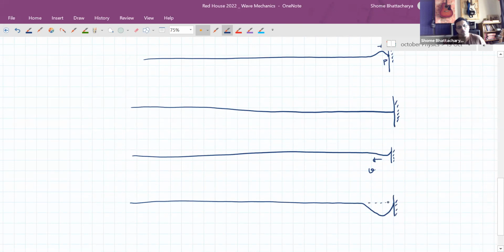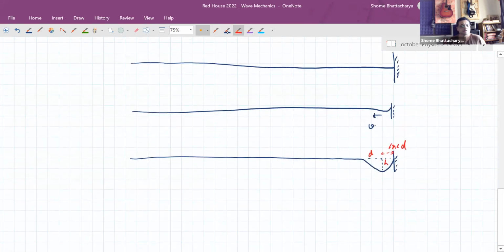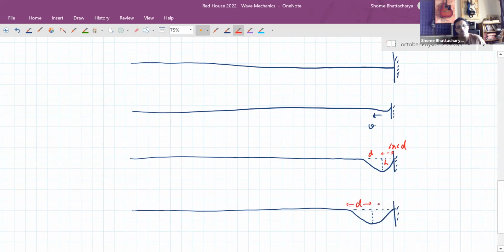And eventually this inverted pulse increases in size, and eventually it becomes a perfect inverted image of the original pulse, assuming that there's no loss of energy during the reflection, which is a bit of an idealized situation.